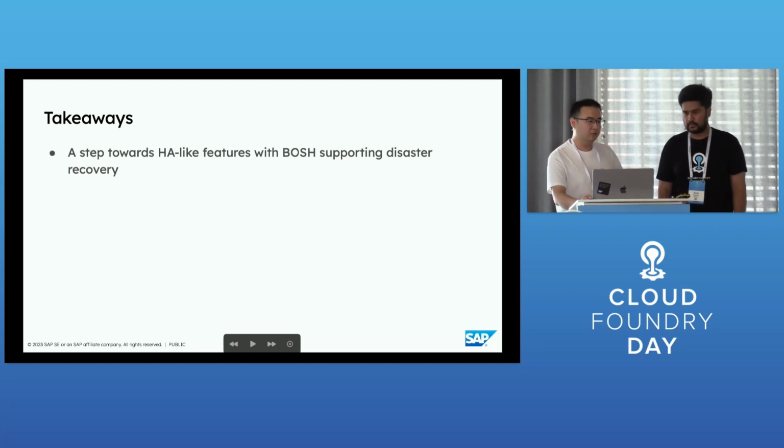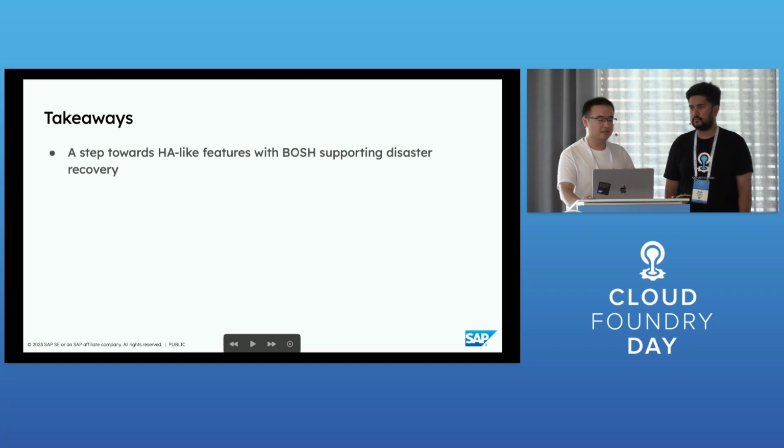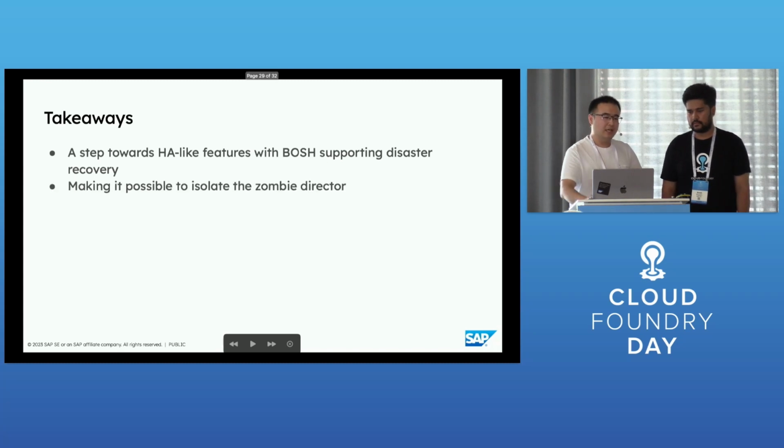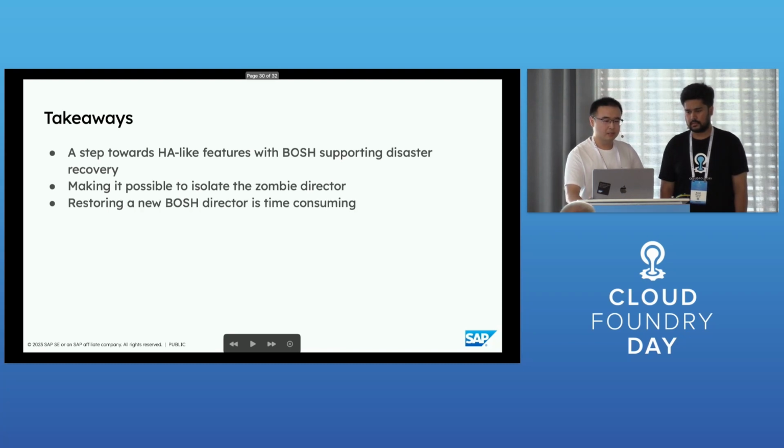Like one instance, it is some kind of HA-like, and we can manually do the disaster recovery to have the BOSH service again. And we also make it possible to isolate the zombie director. The isolation is very important during an AZ outage because it may destroy our existing environment.